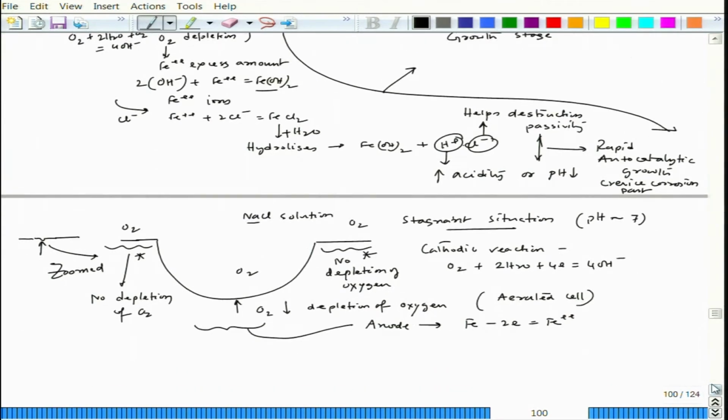So again it is a situation of galvanic corrosion, with a large cathode and a tiny anode pit portion, and this is a typical accelerated galvanic corrosion.